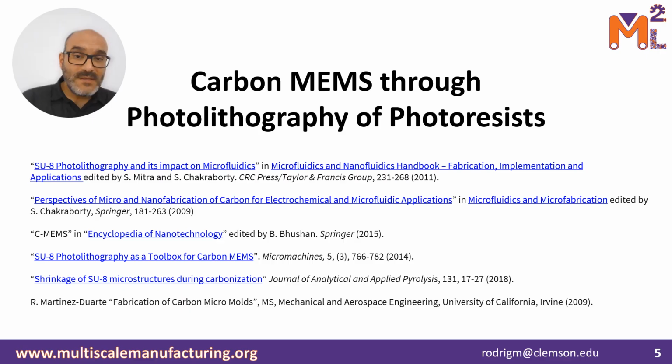Here you can see a few references on which I base the following slides, right? There are many other references by many other groups. These are just a few selected ones. I will be providing references throughout the slides and also at the end of each major block in the presentation.